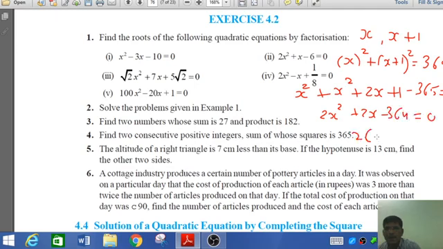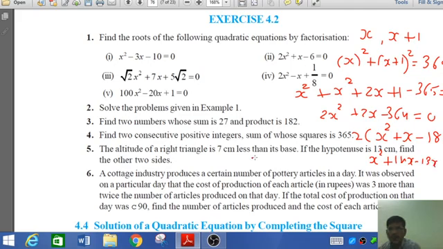So if we make common, x square plus x minus 182. Again 13 14s are 182. So x square plus 14x minus 13x minus 182.